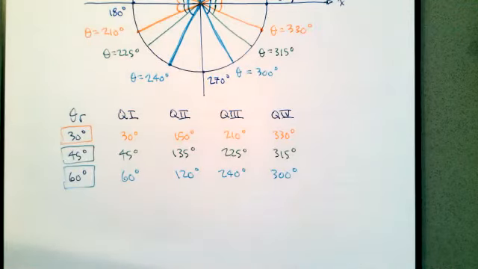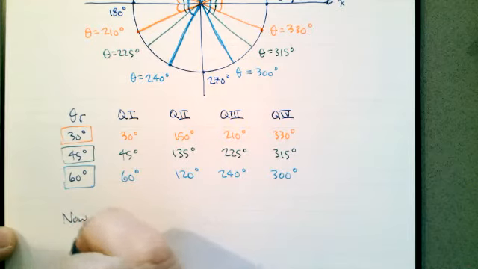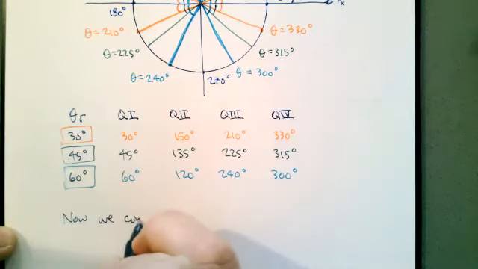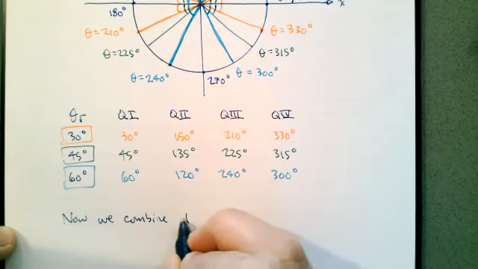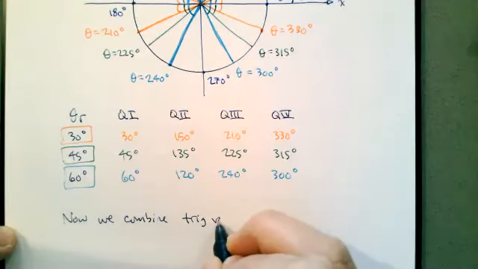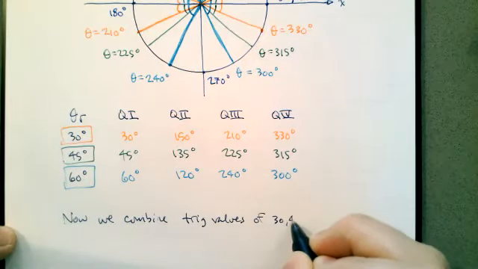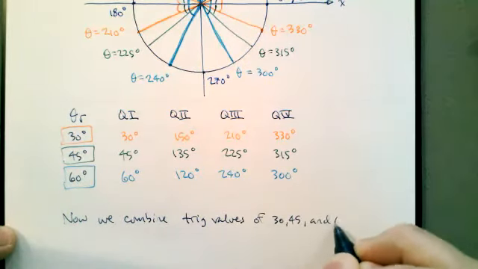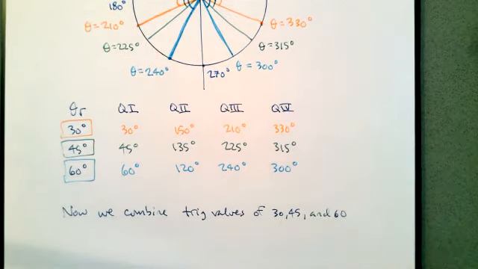So we want to combine trig values of 30, 45, and 60 with quadrant information.